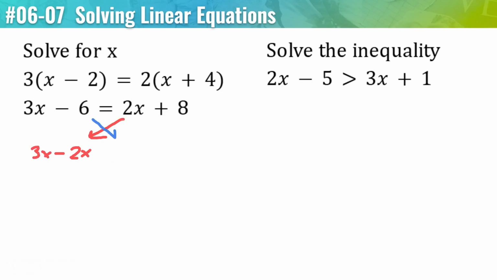And this one, negative 6, is going to be positive 6 plus 8. So now we solve. We have 3x minus 2x is x, and 6 plus 8 is 14.